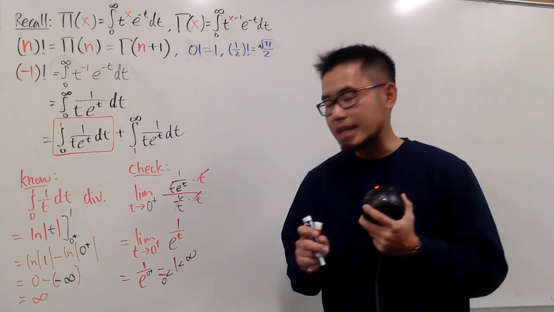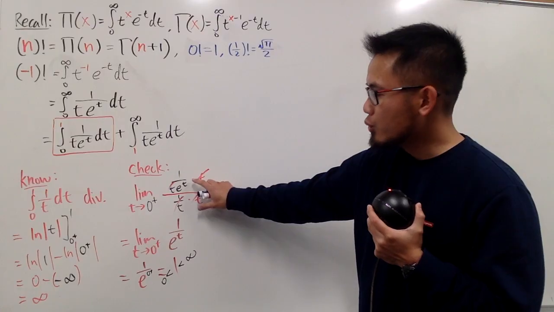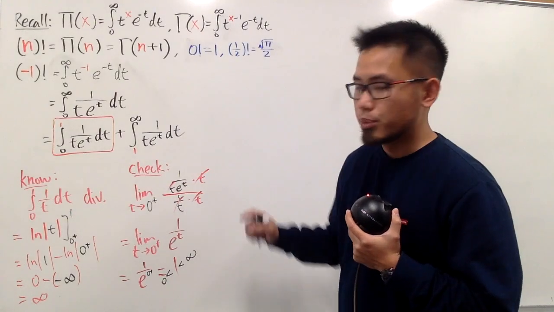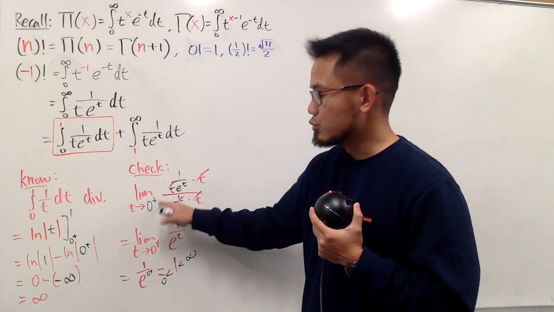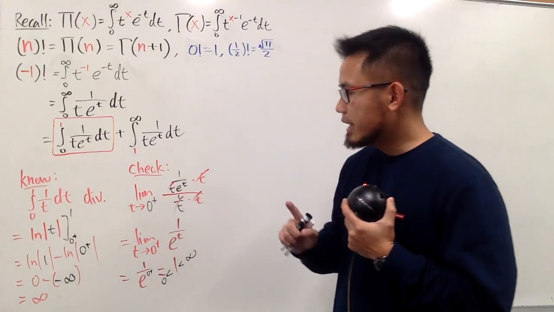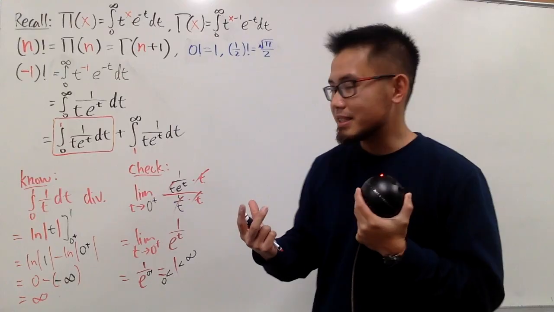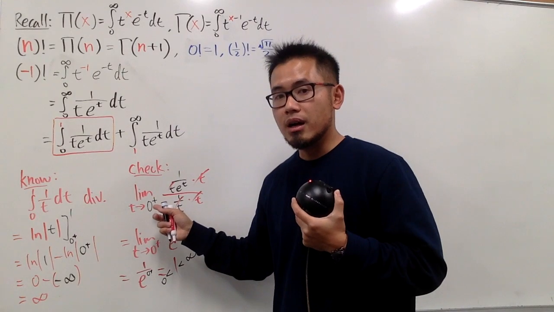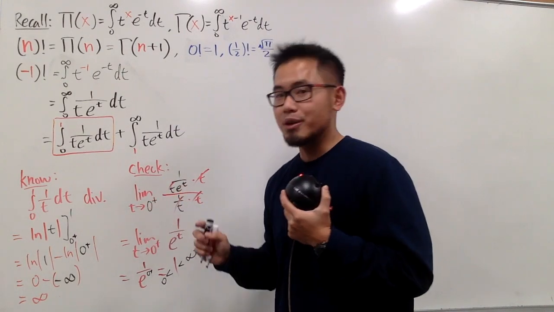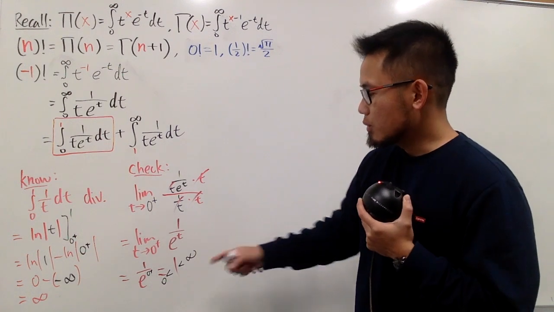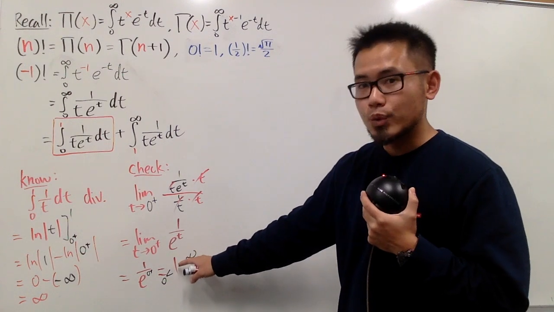So what's happening is that when we compare the value of these two expressions, when x is approaching 0 plus, we are saying that they are pretty much of the same value, the same size, when you are going toward the vertical asymptote number right here. And especially the same size because we have 1, right?